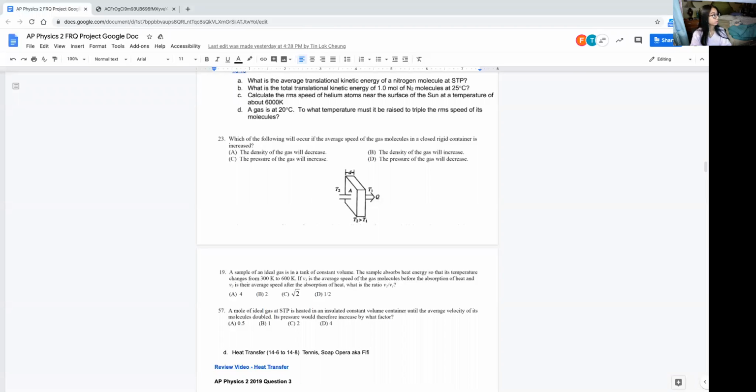The next problem asks, what is the total translational kinetic energy of 1 mole of N2 molecules at 25 degrees Celsius? We know that the total kinetic energy is equal to the number of molecules times the average kinetic energy of each molecule.